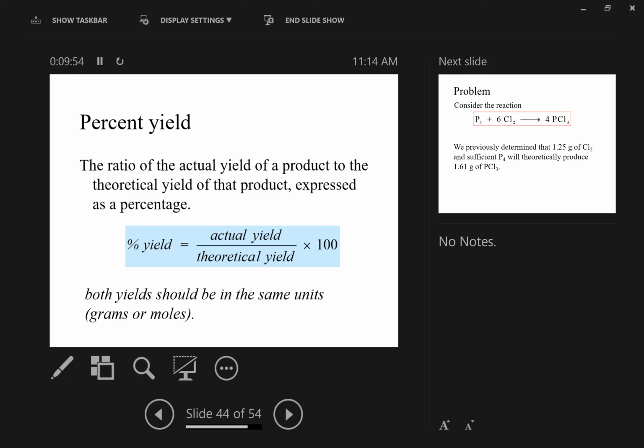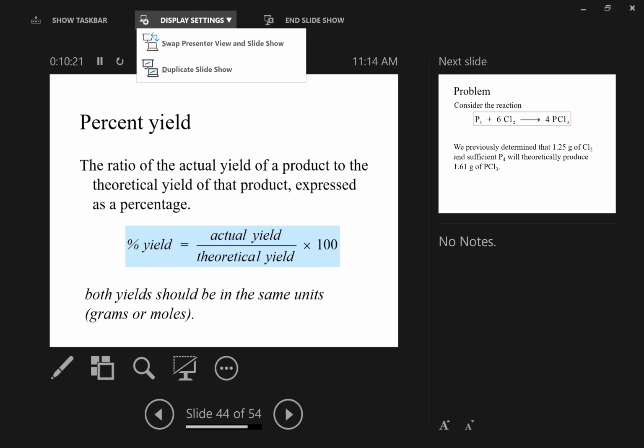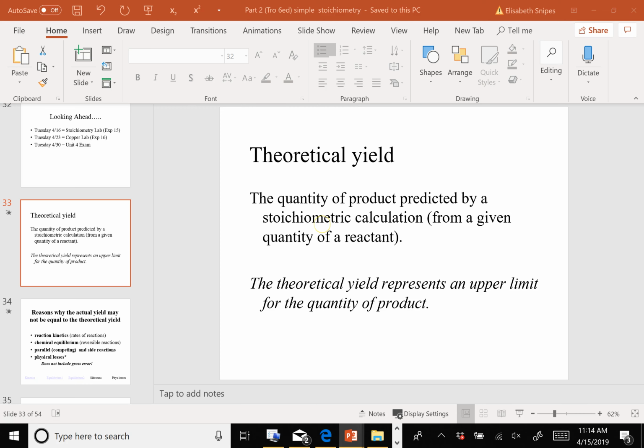So let's do a calculation. There's this calculation called percent yield, and it's based upon your theoretical yield. It's a ratio of what you thought you should get back. In the numerator is what you actually got back. Sometimes actual yield is called experimental yield.